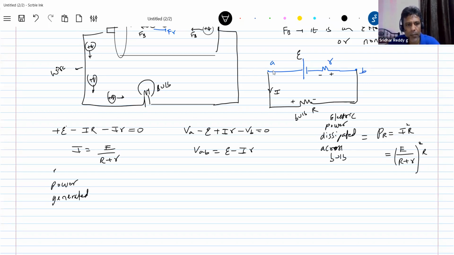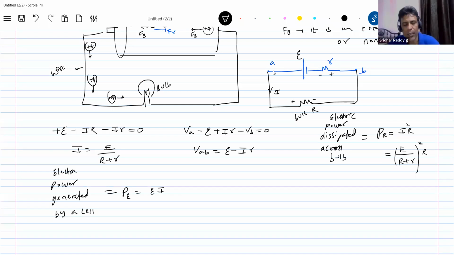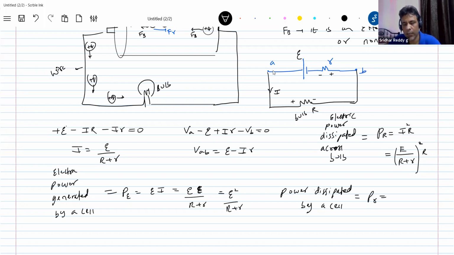Electric power generated by a cell is equal to E into I. Then the power dissipated by a cell, that will be in the internal resistance, so we should write I squared r. Check it now.